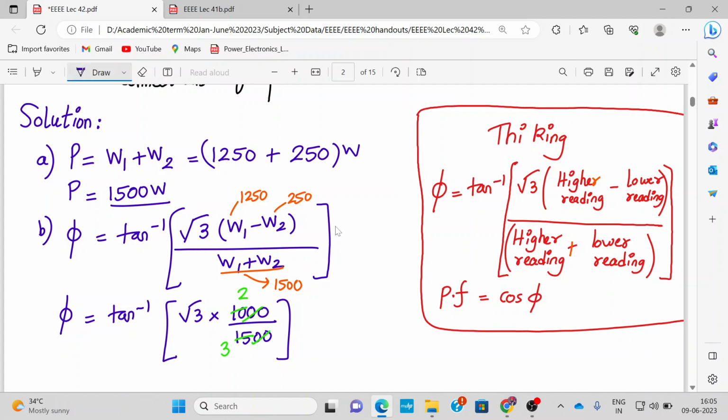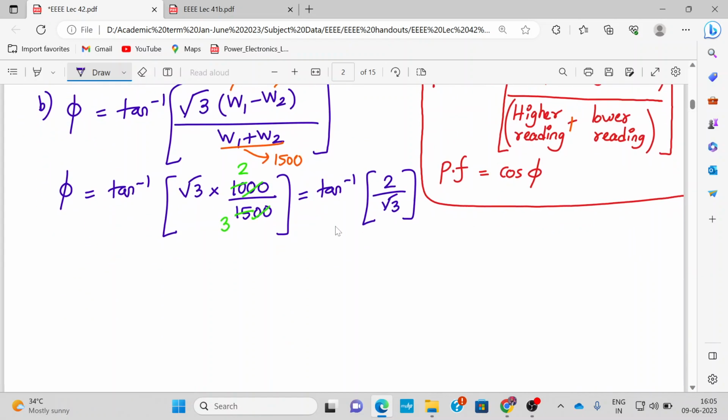So angle phi is tan inverse of 2 by root 3, which comes out to be 49.1 degrees.